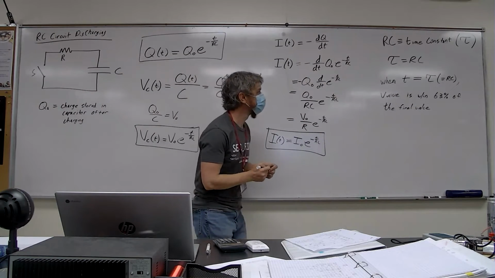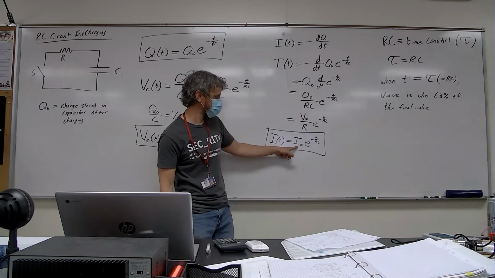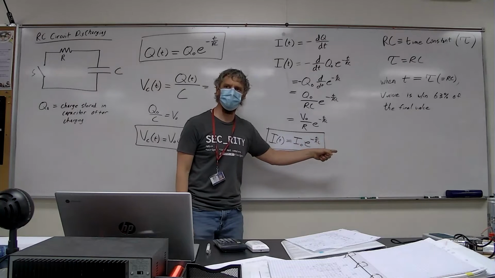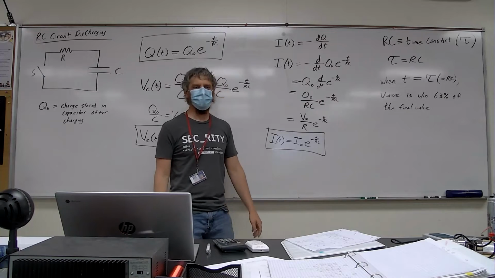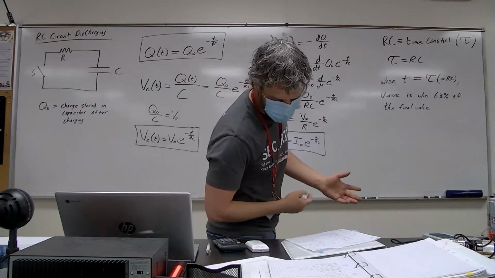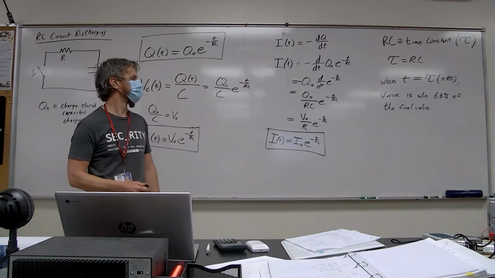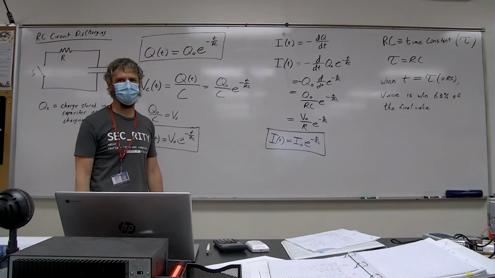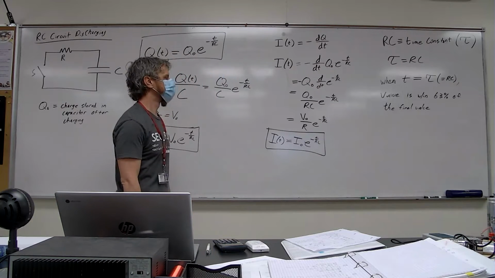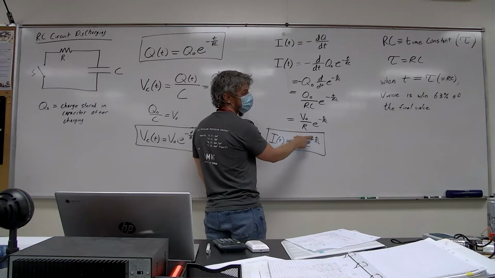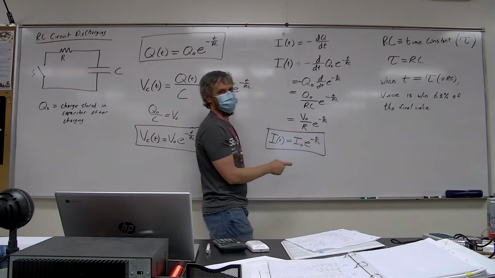That's because when t is the same thing as RC, I get initial current times e to the negative 1, which is just I naught divided by e. So when the time that has passed equals the product of the resistance and capacitance, this is just e to the negative 1 power.